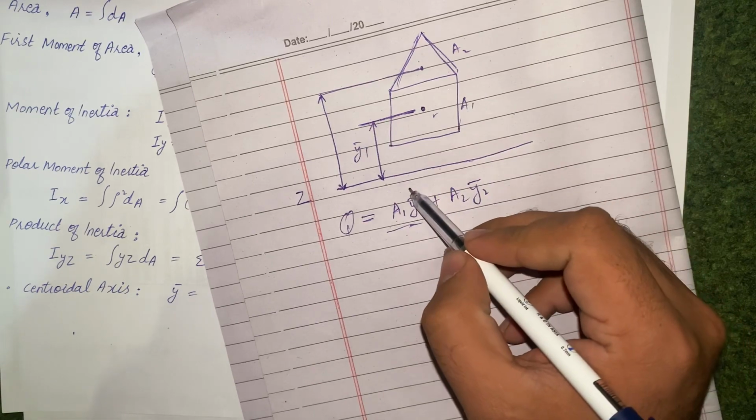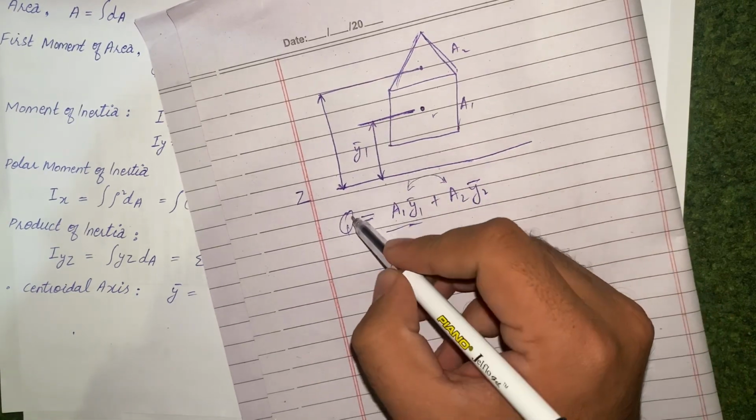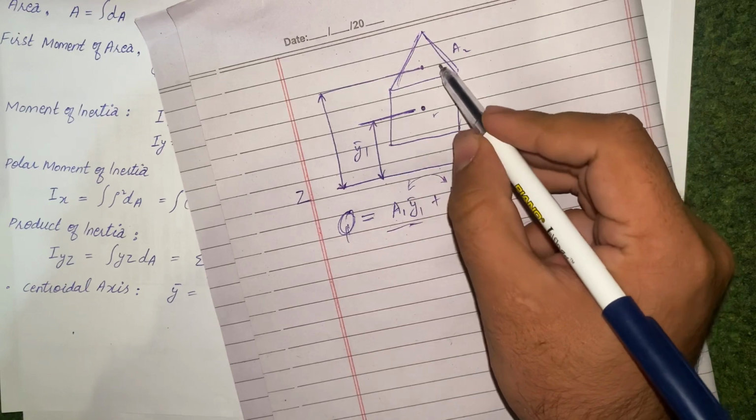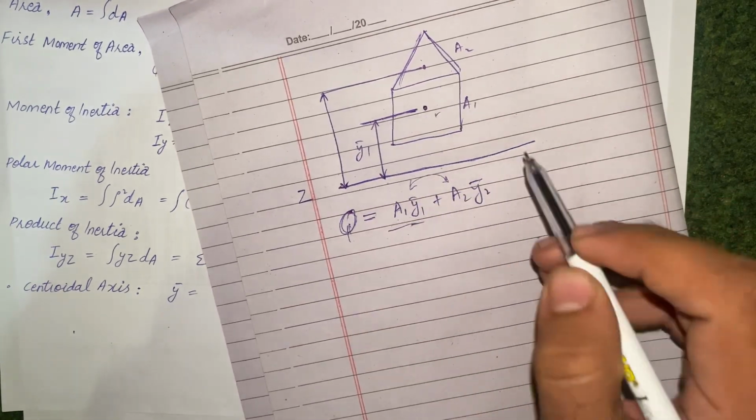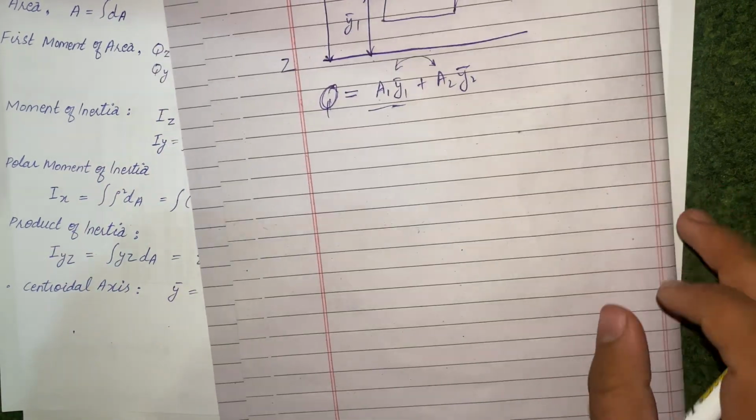When we add both of these, we obtain the first moment of area for the whole section about this axis. So this is actually the first moment of area.